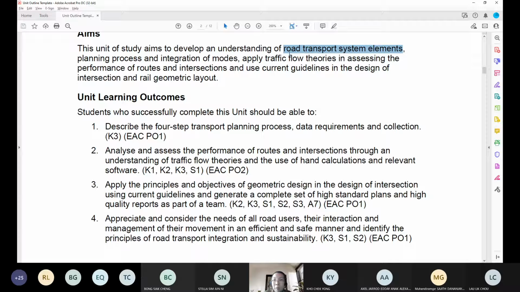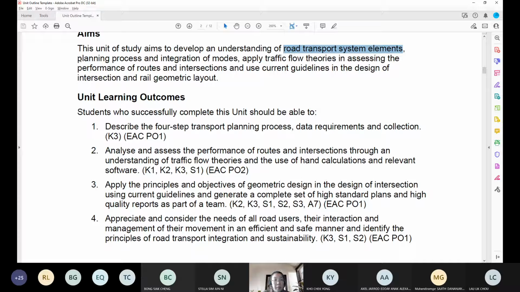I think you probably have been exposed to the user groups in your road engineering. Just to recap a bit, road system would cover not just vehicles and heavy vehicles, but also those who are more vulnerable, such as pedestrians. So we'll have one topic on designing for pedestrians.